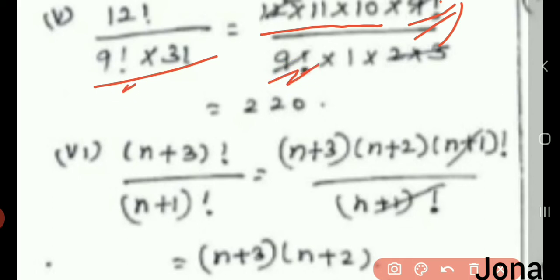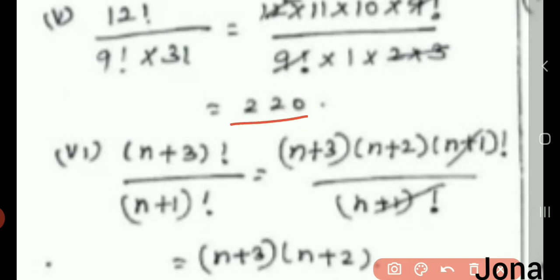So 12 into 11 into 10 into 9 factorial divided by 9 factorial into 3 factorial, which is 3 into 2 into 1. We can cancel the 9 factorial. The remaining things are 12 into 11 into 10, and this 2 into 3 we can reduce, so that we have 220.